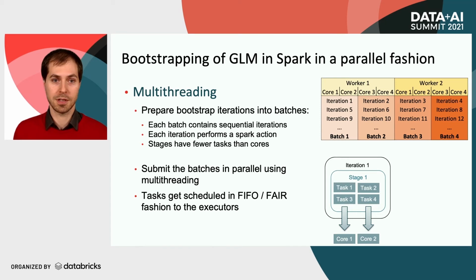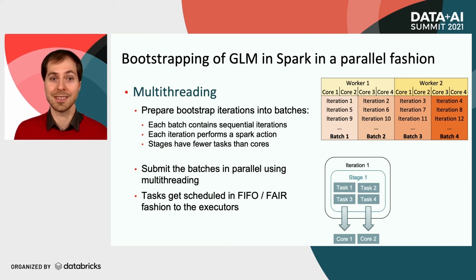So first, let's say task 1 will go to core 1, and task 2 will go to core 2, then task 3 to core 1, task 4 to core 2. Similar things will be happening in the other batches and in the other iterations inside those batches. Let's say that batch 2 will push the tasks to cores 3 and 4 and so on.